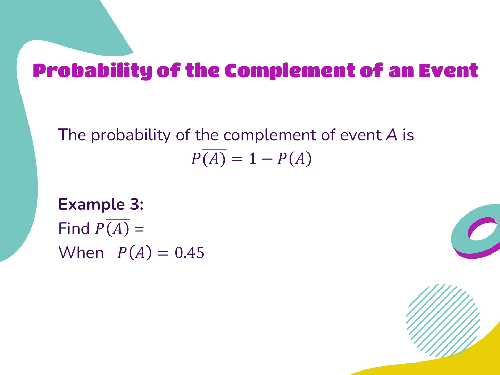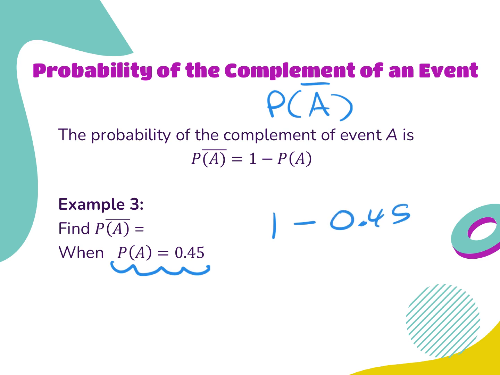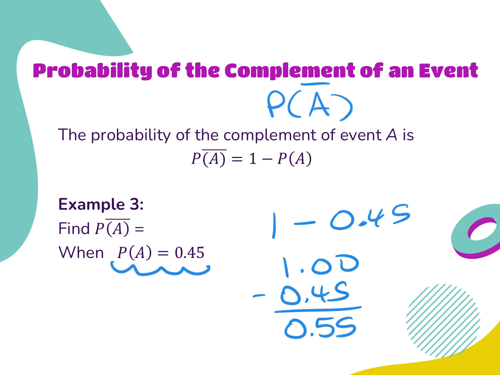So in order to find the complement of an event, written as the probability of event A, but the complement has a bar on top, and if they give you the probability of the event, like this one, to find the complement's probability, you're going to subtract 1 minus that decimal. So 1.00 minus 0.45, and I get 0.55. And that would be the complement probability.